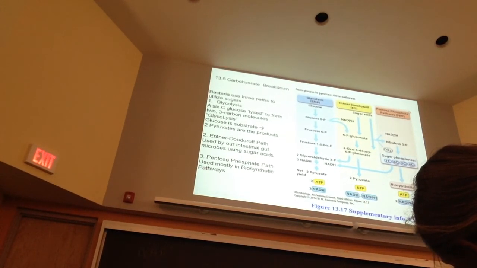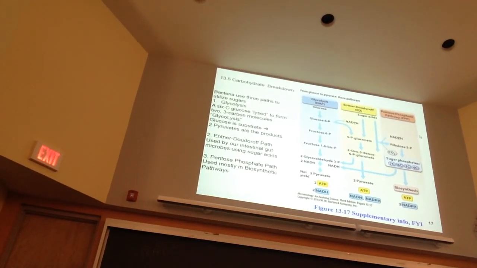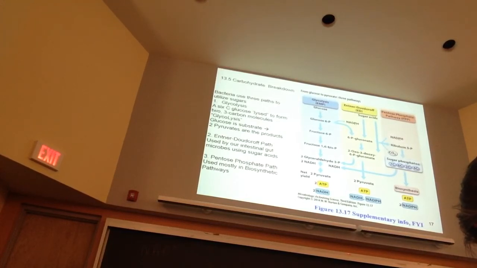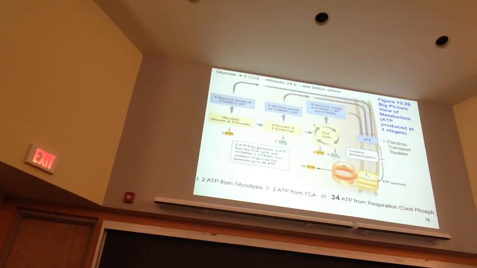And then the pentose phosphate pathway is mostly used in anabolic reactions, in biosynthetic reactions. So that's basically introducing to you at a cursory level 2 other pathways that catabolize carbohydrates, the Entner-Doudoroff pathway and the pentose phosphate pathway, and then with a little bit more detail, glycolysis.